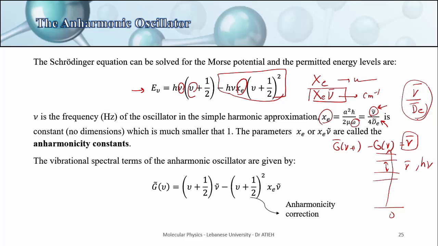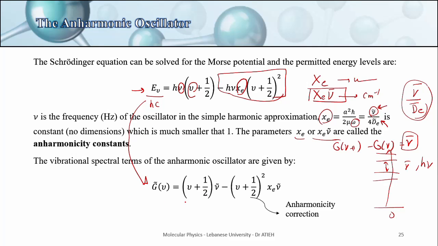Okay, so x_e or x_e nu bar is called the anharmonicity constant. The difference between them is simply that it's either given unitless or given in centimeter minus 1. Okay, now to find the vibrational spectral term, all we have to do is divide the energy by hc. Once we divide energy by hc, we get G bar nu.